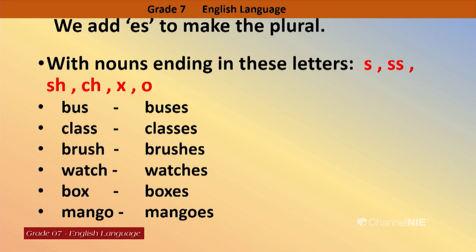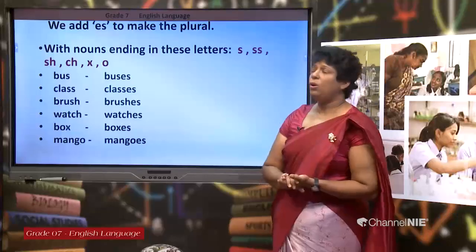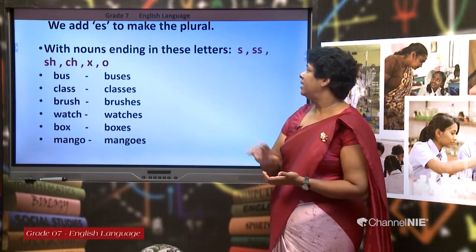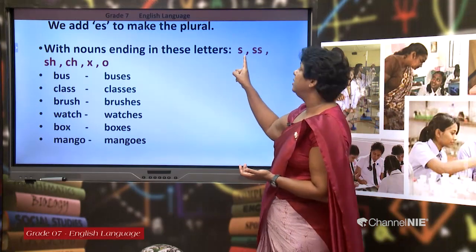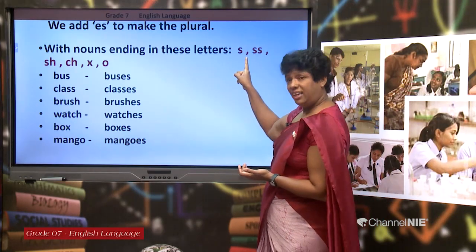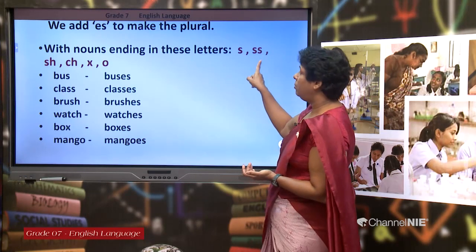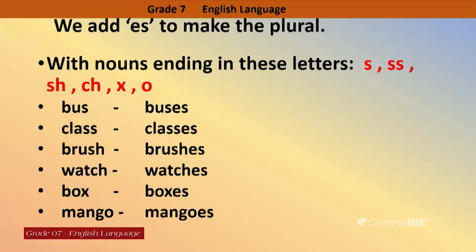Remember, if you have a small notebook with you, write this down and keep it in mind that you need to add es to the words ending in s, double s, sh, ch, x, o.